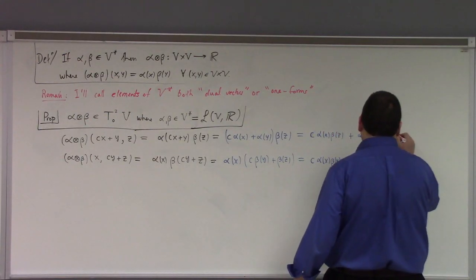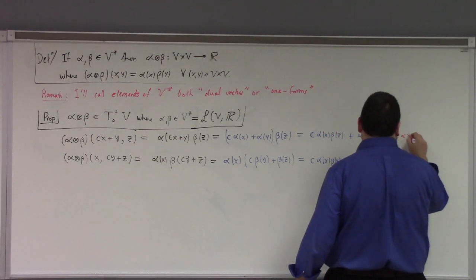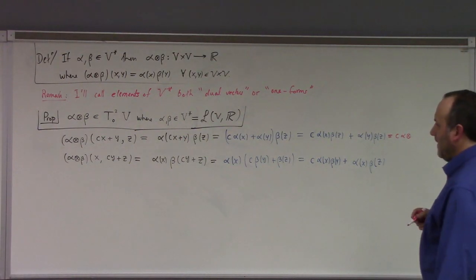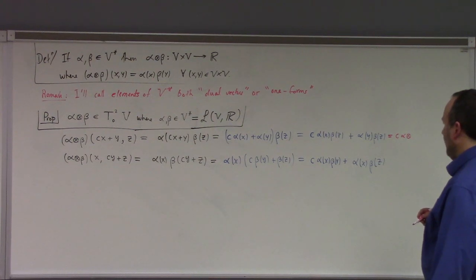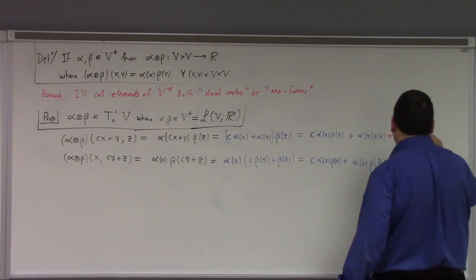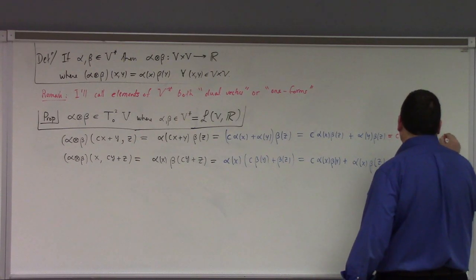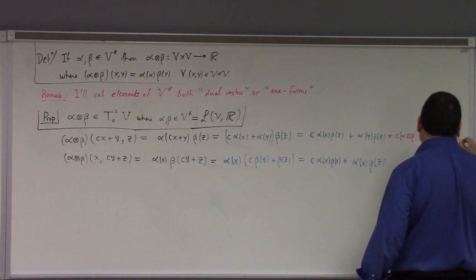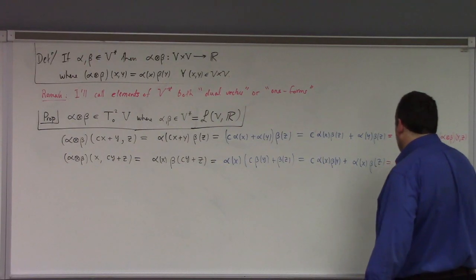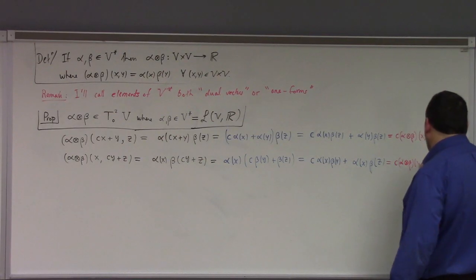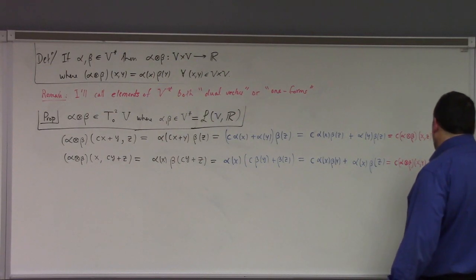I've got c times alpha tensor beta of xz, right? Plus alpha tensor beta of yz. And the next one, I've got c times alpha tensor beta, by definition, acting on x comma y, plus alpha tensor beta acting on x comma z.